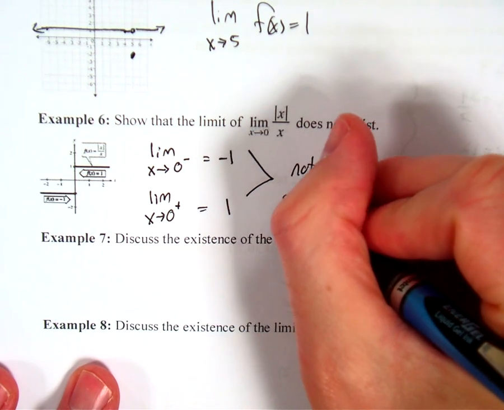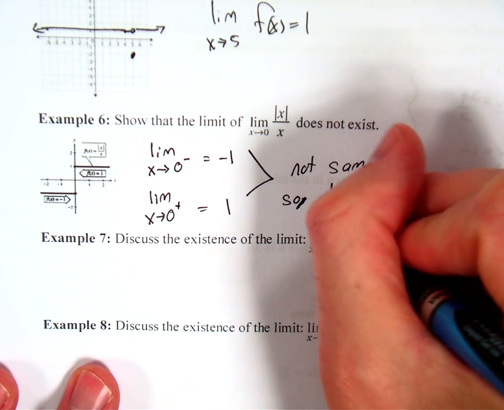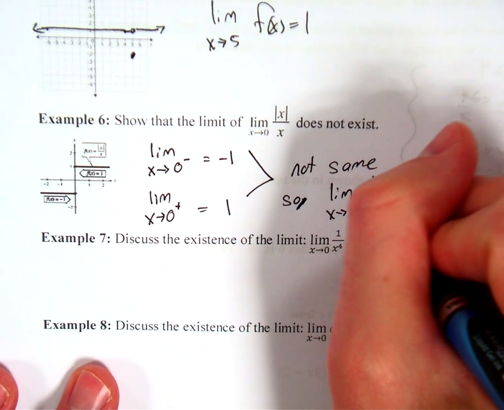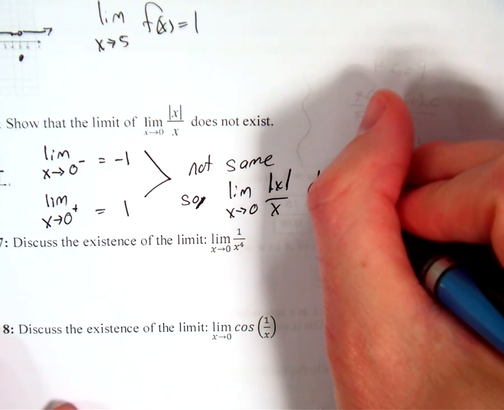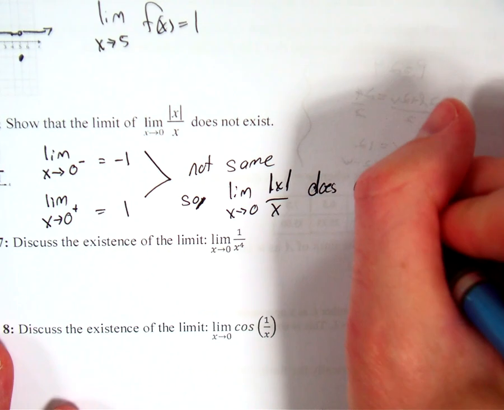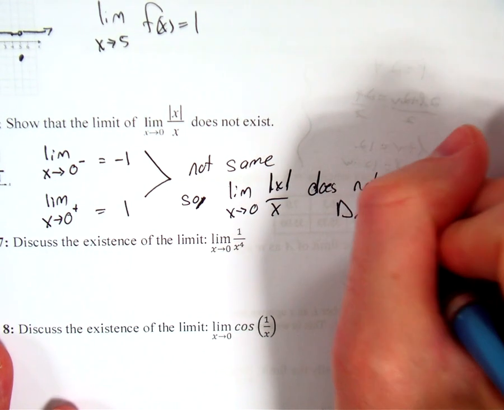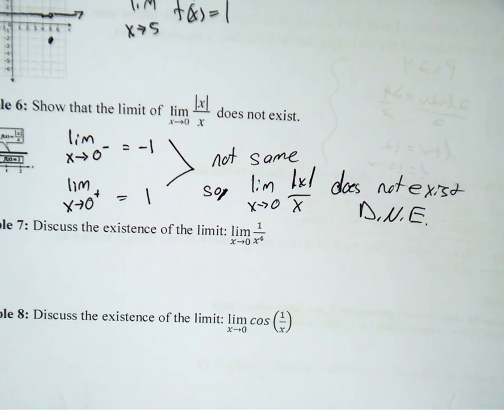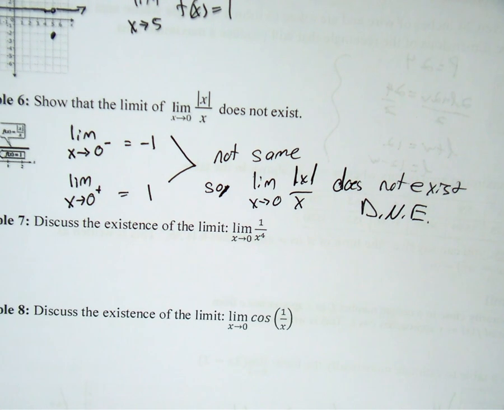So the limit as x approaches 0 of the absolute value of x over x does not exist. Or DNE. All right.